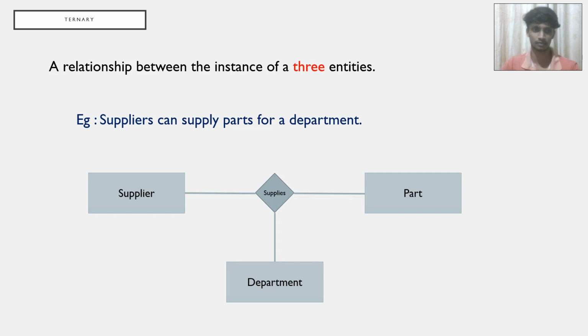But this is correct now. The relevant example is: suppliers can supply parts for a department. Supplier is an entity, part is an entity, department is again an entity. The relevant relationship is supply. So there will be a ternary, because it is one relationship but three entities. The only option is to represent it as a ternary like this.